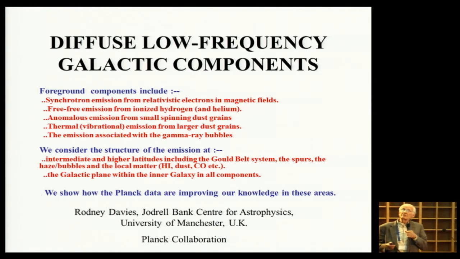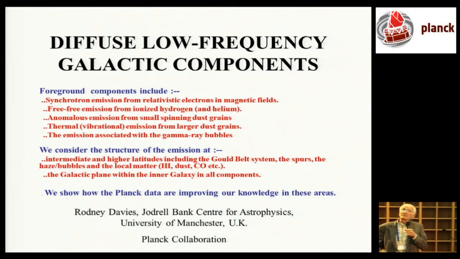They're the synchrotron emission, the free-free emission, anomalous emission, sometimes called AMI, the spinning dust emission, then the thermal or vibrational emission from larger dust grains. And then, as a 5th emission mechanism, perhaps the mechanism that gives rise to the radio emission associated with the gamma ray bubbles.